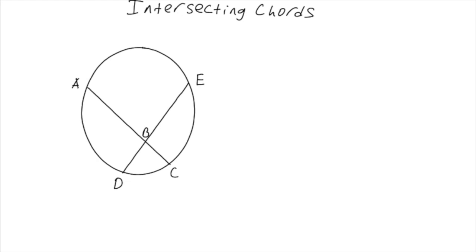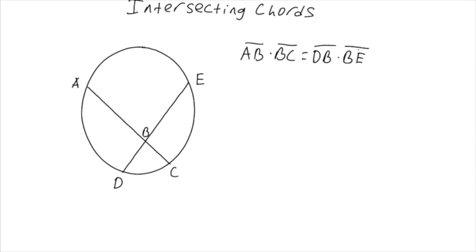So the rule with that is that if you multiply AB times BC, the two parts of the chord that have been intersected, that will equal DB times BE. The other two parts of the other chord that were intersected. So you've got AB times BC is equal to DB times BE.